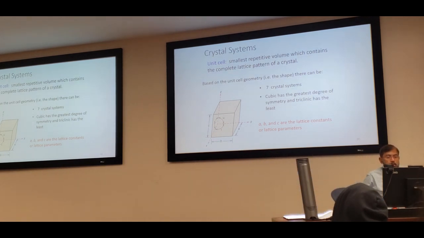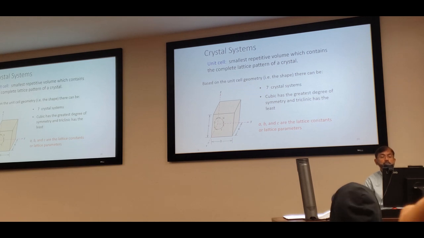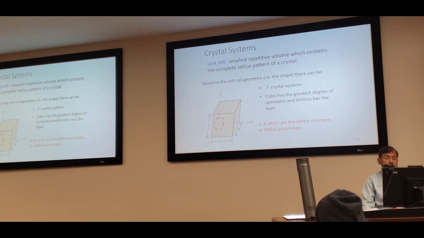So this is just something you need to understand, but we are going to look at only the cubic system and the hexagonal close-packed structure. But you need to be aware that there can be 7 crystal systems. There are a total of 7 crystal systems depending on A. What is A?